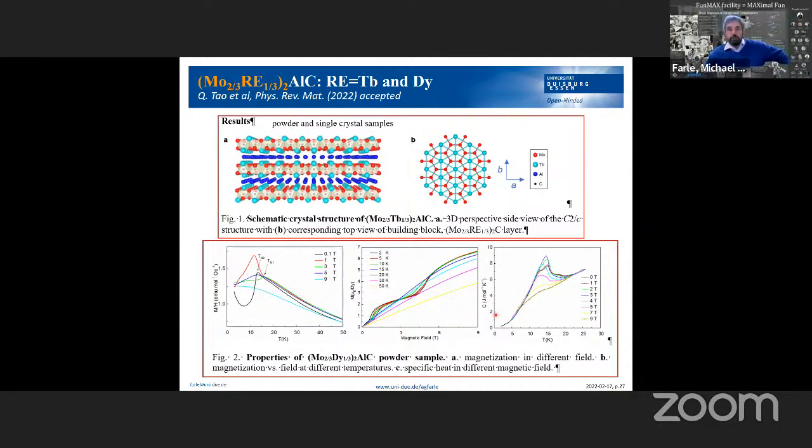And you also see it in the specific heat, here plotted in an applied magnetic field of different magnitude. At this temperature range, 15 Kelvin, where we see that a magnetic phase transition is occurring, the specific heat also reacts. So all very nice, but obviously very complex.